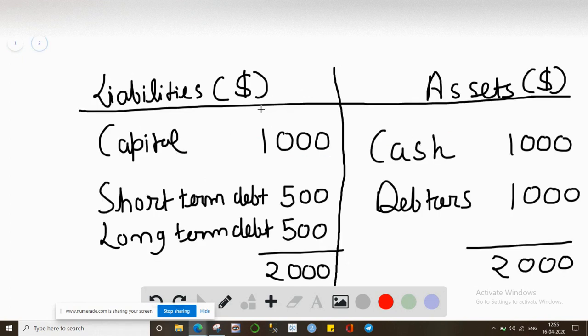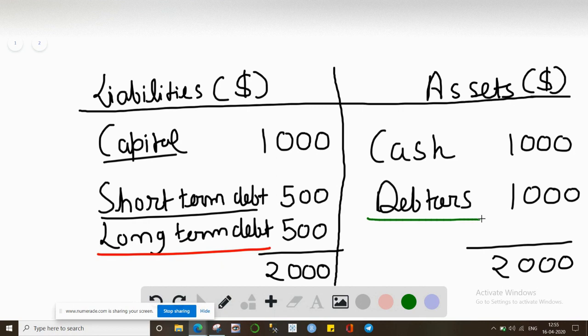Now the full disclosure principle says that if there is any matter which has the potential to affect any of these items in the financial statements, then that matter should be reported in the notes to the financial statements. Let's also understand what type of matters we can have.